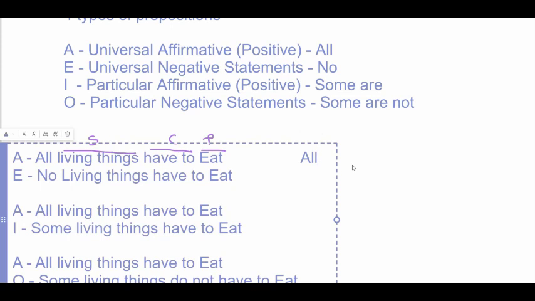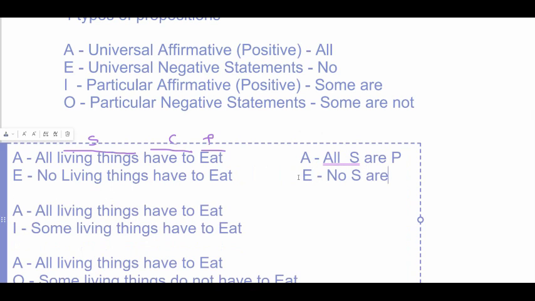So all S are P, this is the logical form. This is the standard logical form for the A type. Okay. Now if we convert it to E type, it will be no S are P. This is the standard conversion type. Now if you have to convert it to I type, it will be some S are P, because we say some living things have to eat.